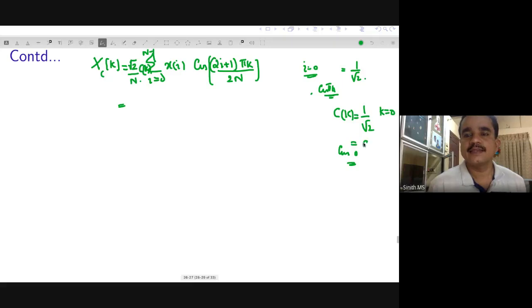And c k is 1 otherwise, for k not equal to 0. So this c k is also included here.